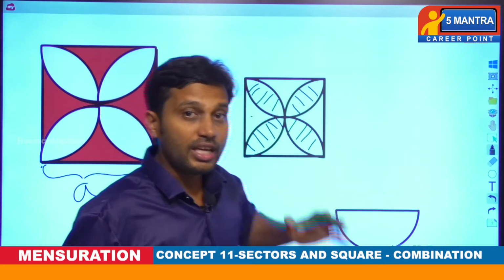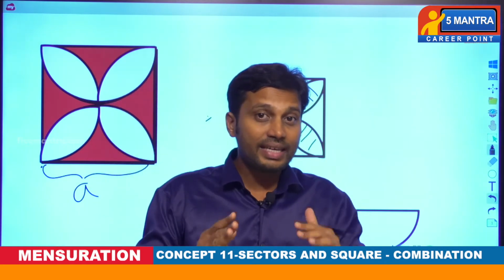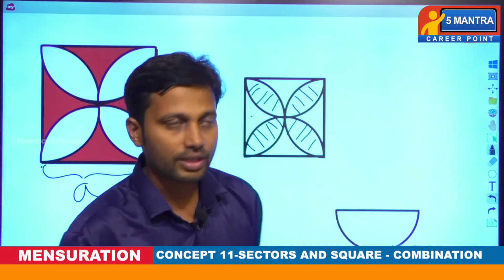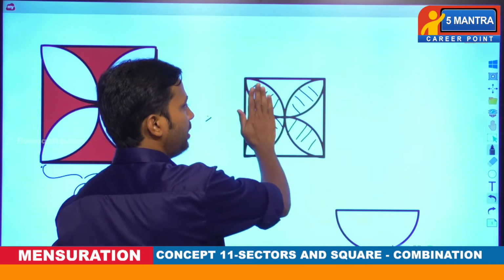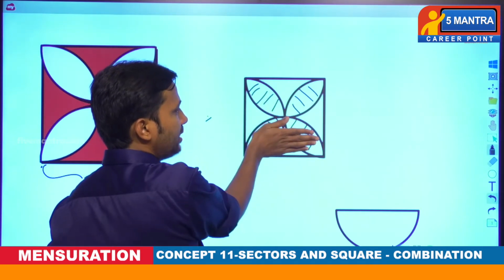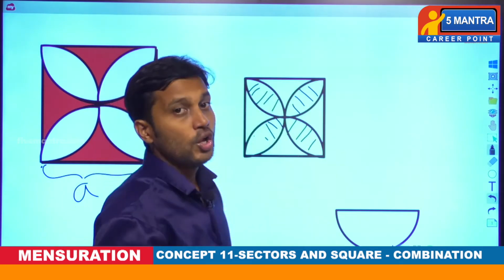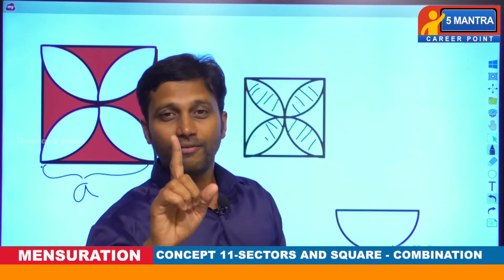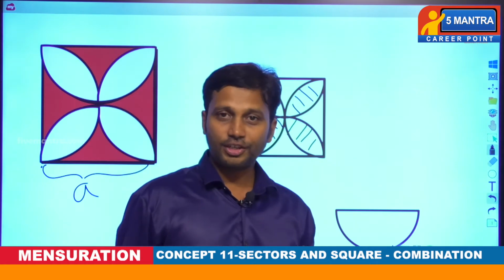That means here the area of 4 semicircles is more than the square's area. Is that right or not? These 4 semicircles are occupying more area than 1 square. Is that right or not?